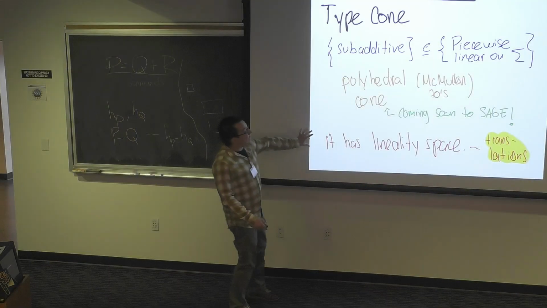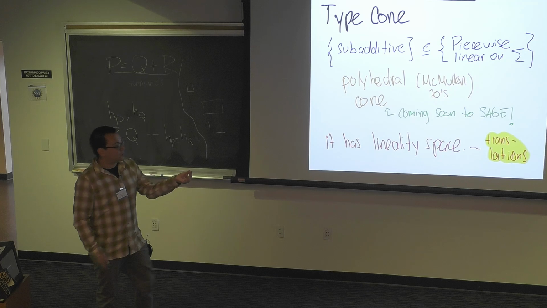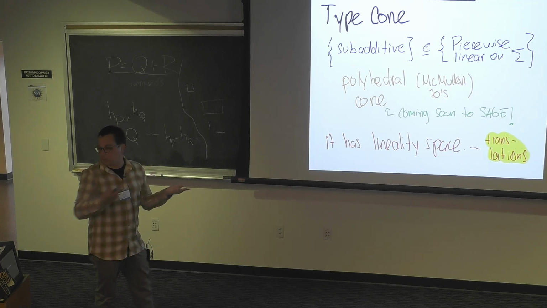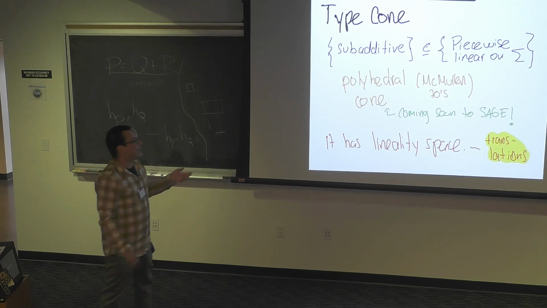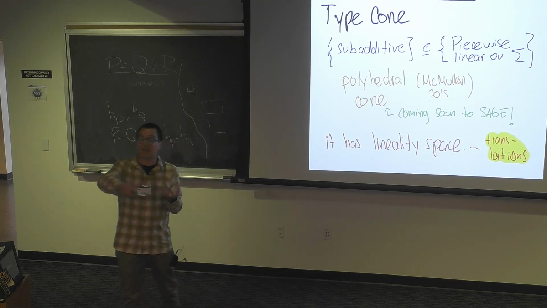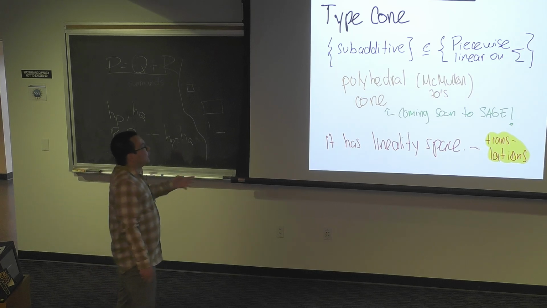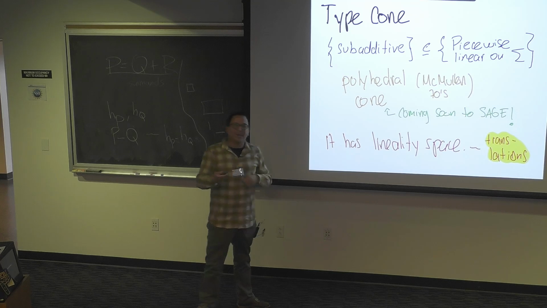But the problem is that this cone has a linearity space, because for any piecewise linear function, I can add a linear function and it will still be piecewise linear and subadditive and all of that. In the world of polytopes, this means if I have a summand, I can translate it by the dimension of the ambient space and it will still work. So there is some linearity space, and talking about rays is tricky.